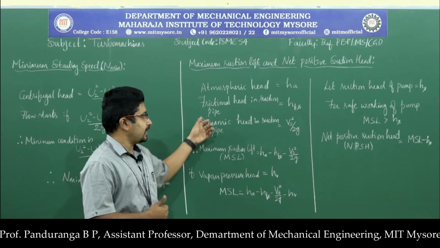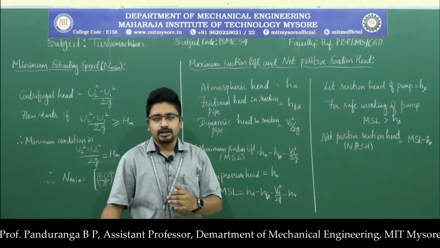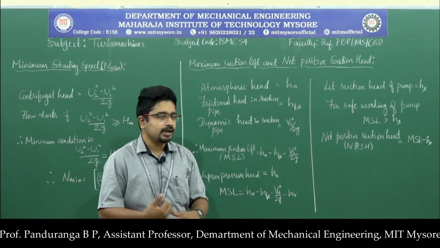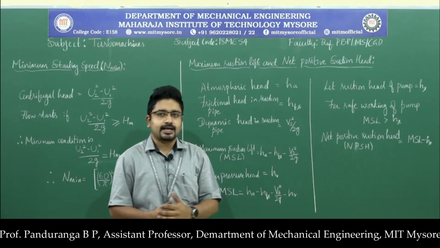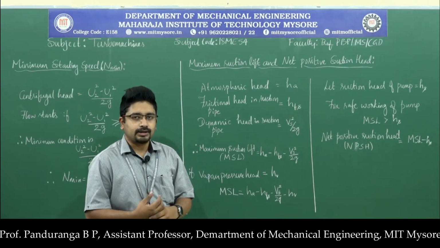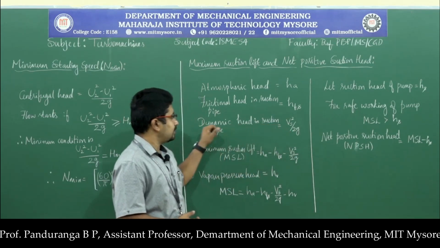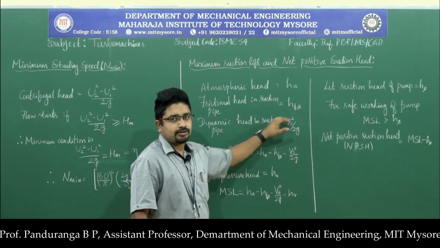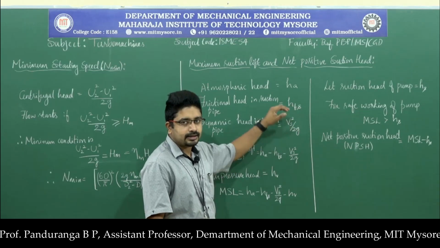Then we have the dynamic head in the suction pipe. The liquid will be flowing with a certain velocity, which I call Vs. Vs stands for velocity in the suction pipe, and Vs square by 2G represents the dynamic head in the suction pipe. Again, this cannot be recovered. So these two are the losses.